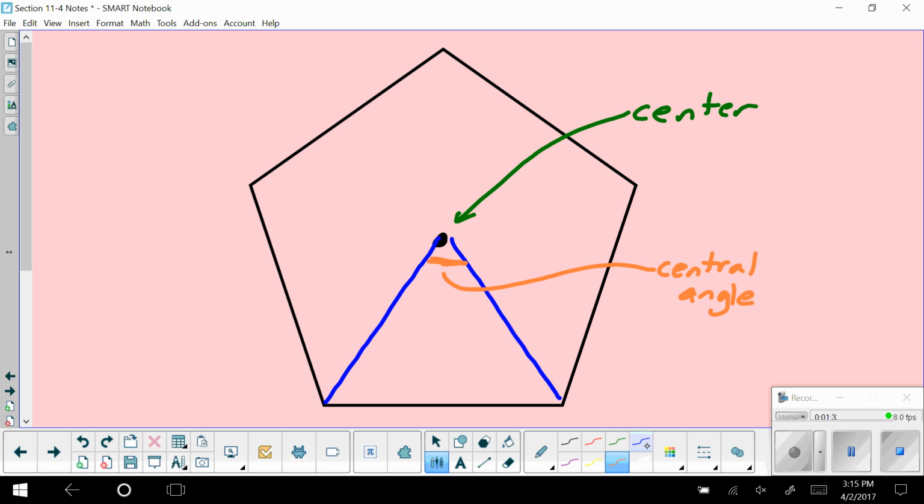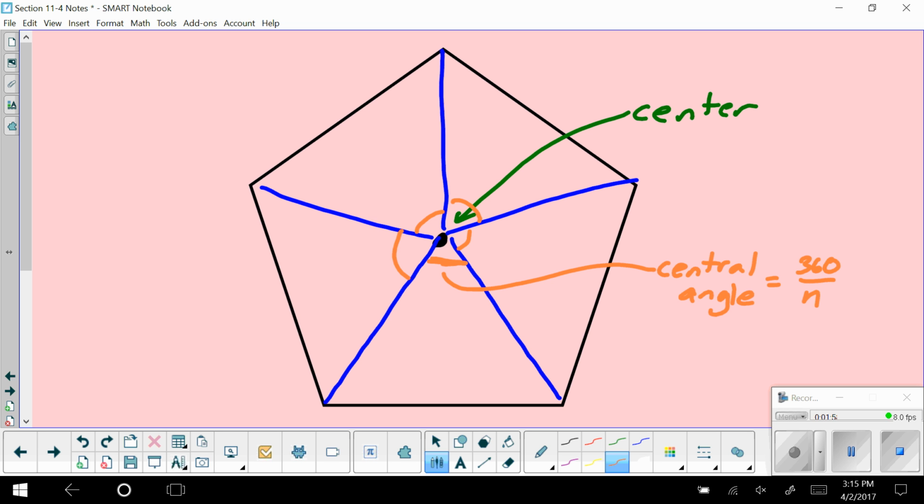Well, here's the nice thing. Because it's regular, my central angles are all congruent, and to go all the way around is 360 degrees. So this is going to be equal to 360 over n. And that looks familiar because that's how we found each exterior angle in a regular polygon.